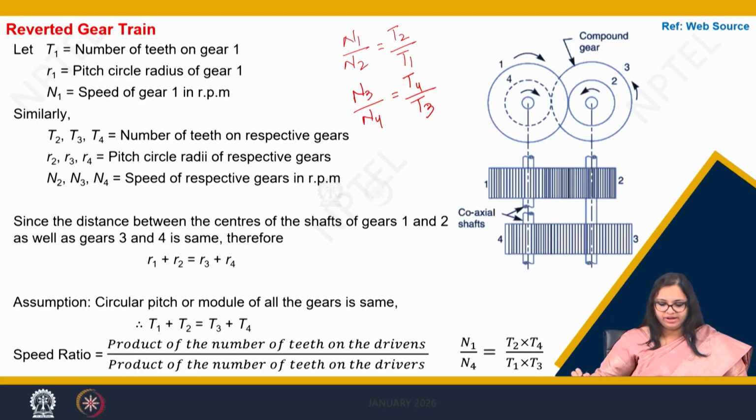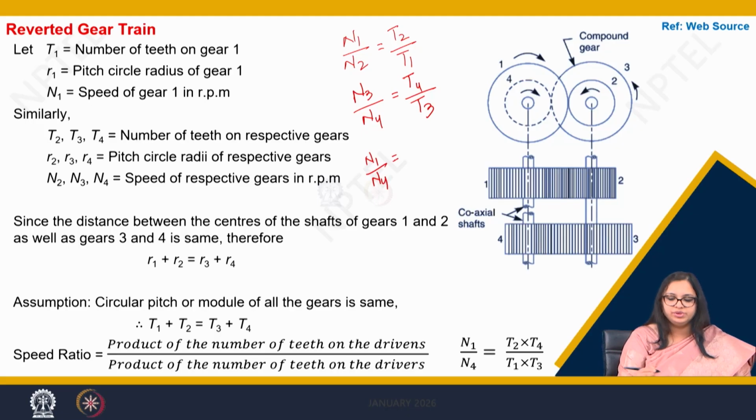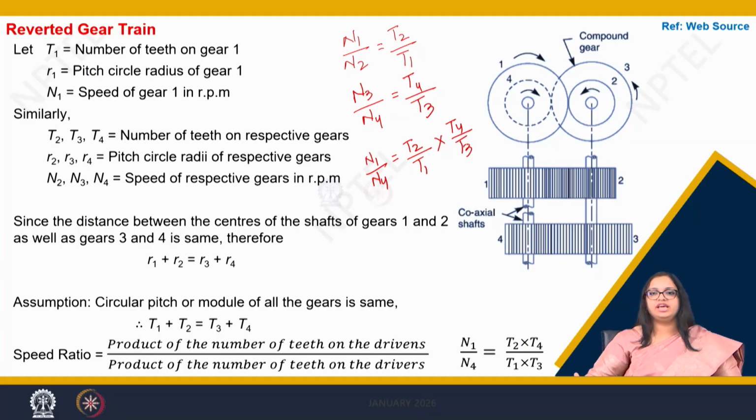So what do I have to find? I have to find the ratio N1 by N4, which I can directly write as T2 by T1 multiplied by T4 by T3. It is same as the compound gear train.